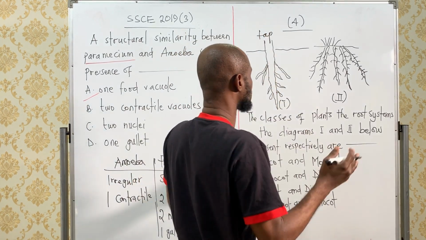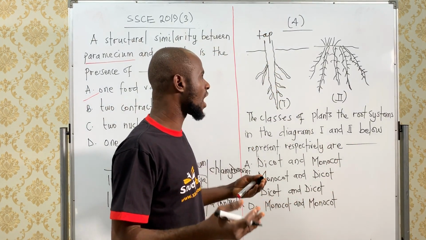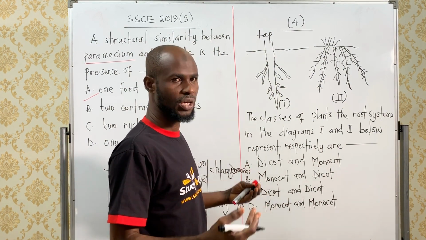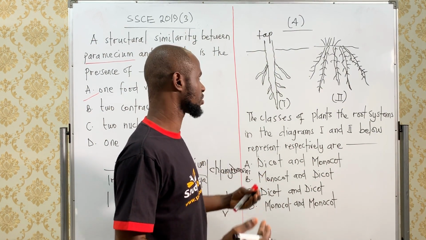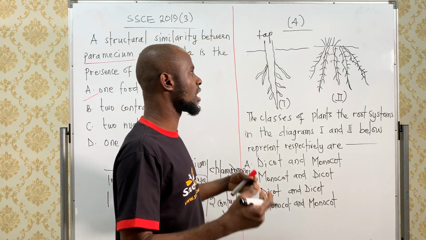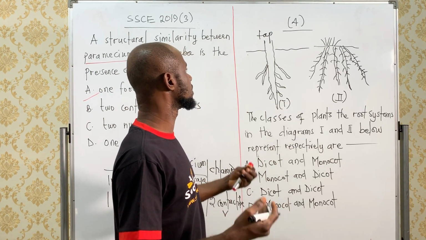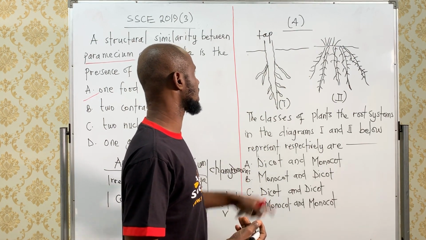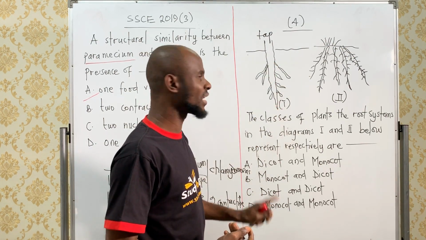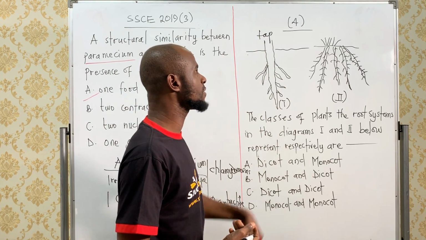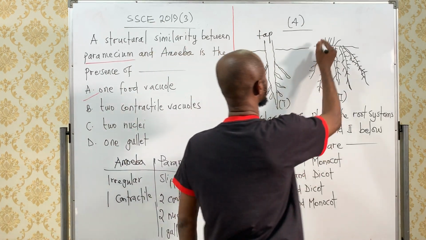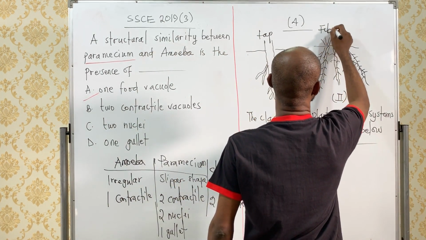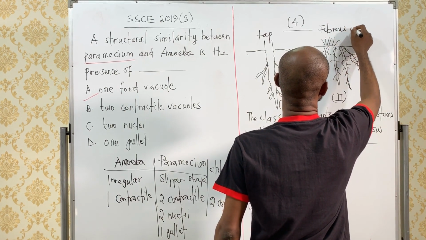This is the taproot. But the fibrous roots have equal or almost equal elongation under the soil, and the fibrous root does not have an elongated root that goes deep down the soil. So this is the fibrous root.